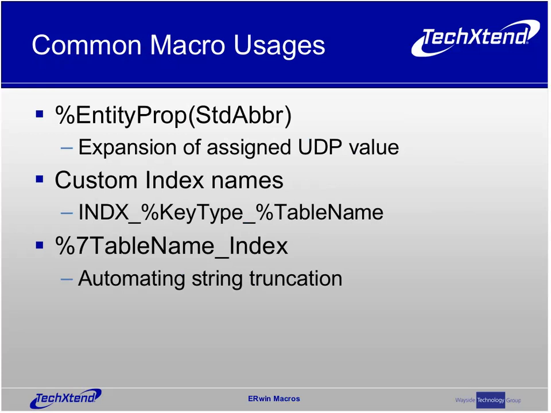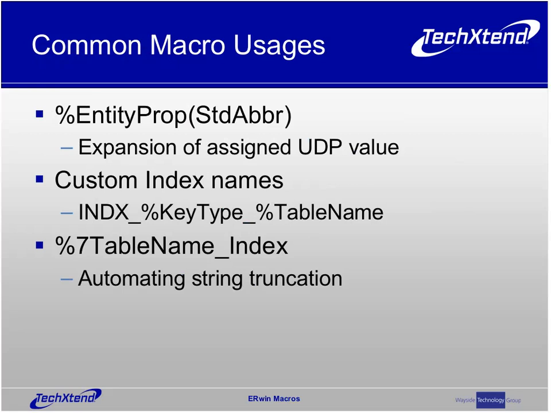Other common macro usage. Here are just some examples of where you would use macros and the type of syntax you would expect to see. For example, you might have a standard abbreviation or maybe an alternate abbreviation for an object, in an entity. We have created a UDP, it has an alternate abbreviation, and I actually want to use that when it's available.